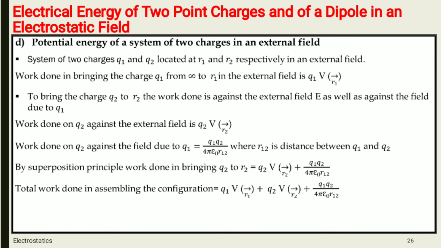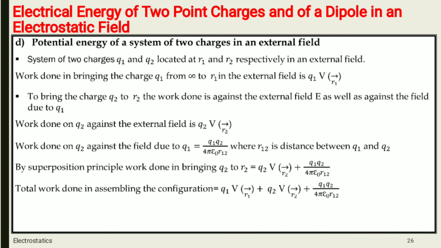V(R2) plus Q1 Q2 divided by 4 pi epsilon naught R12.